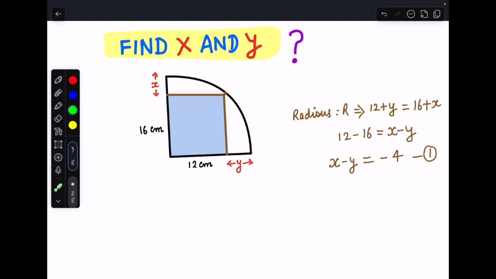If we look carefully, we will find this is also the radius of the circle. And how will we find this value? So using the Pythagoras theorem, this is a triangle.